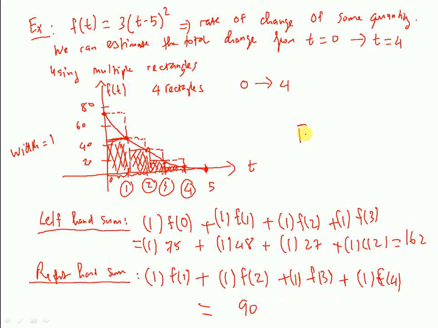In fact, you can estimate this by summing the right and the left hand sum and dividing by 2, which gives 126. So the estimated value for the area under the curve is around 126. We add the left and the right hand sum, and we divide that by 2.